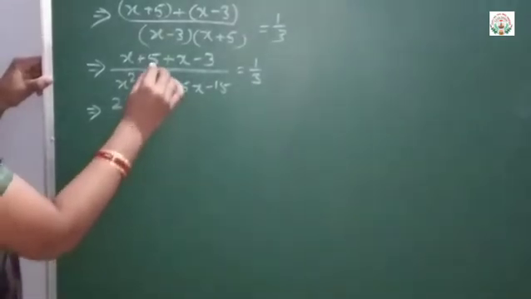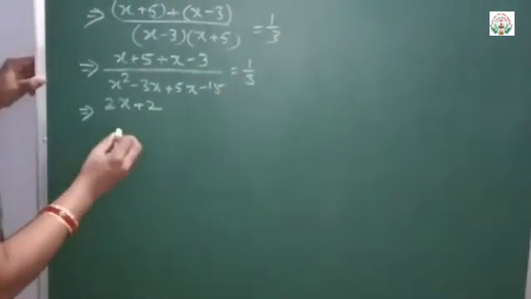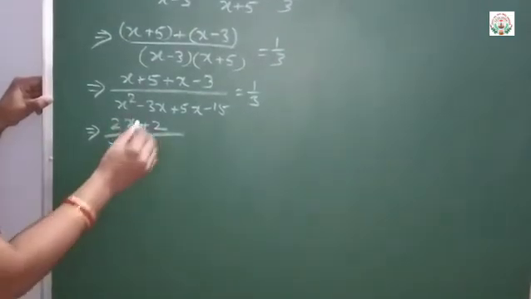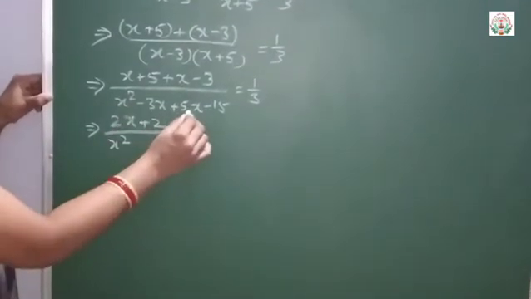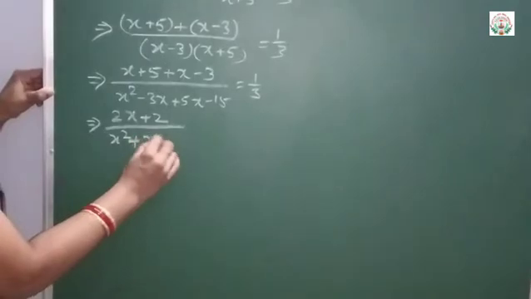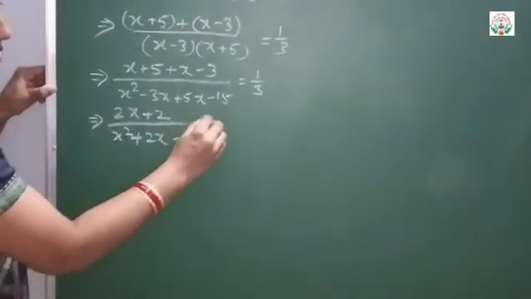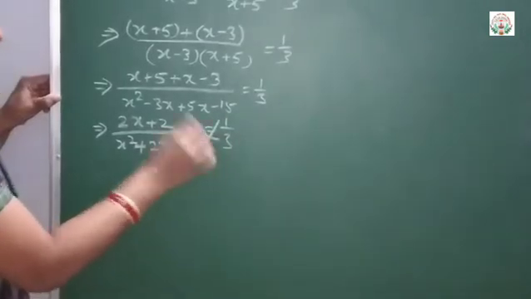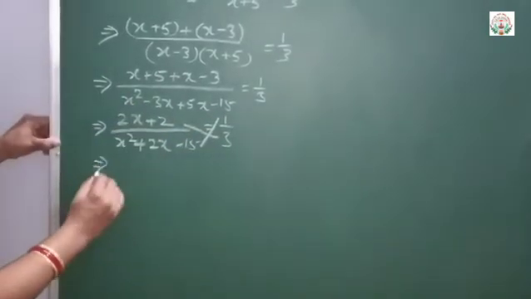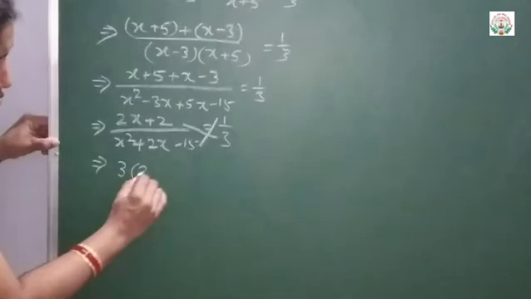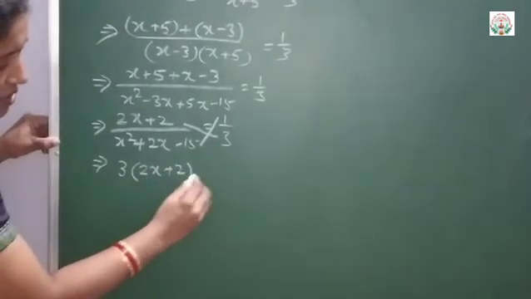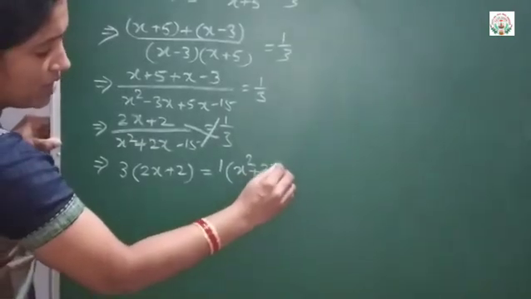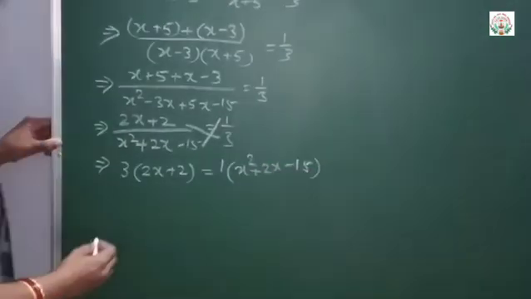Then plus 5 minus 3 will be plus 2, upon here x square, denominator x square minus 3x plus 5x will be plus 2x minus 15 equals to 1 upon 3. Now cross multiplication. Okay, so what will you get? 3 into 2x plus 2 equals to 1 into x square plus 2x minus 15.